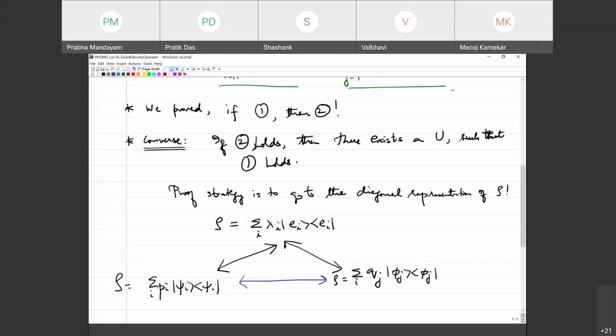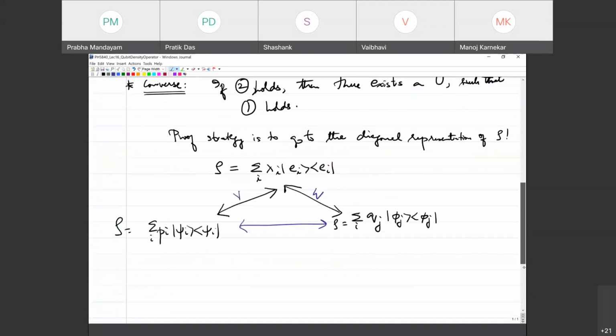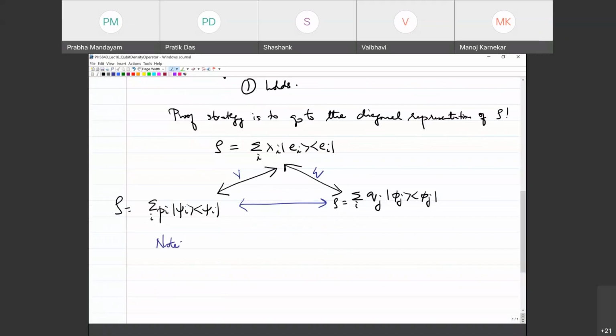Okay, so what we can show in fact is that there is a unitary that relates these two, there is another unitary that relates these two, and then note that if V and W are unitary, if I write down a matrix U, which is V W dagger, okay, what can you say about U?